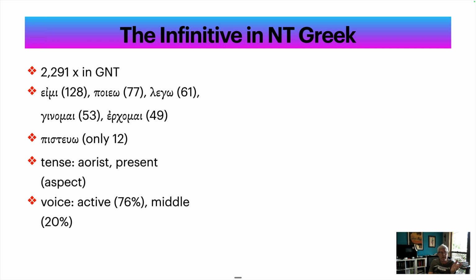We've already mentioned the most common verbs which you'll find in the infinitive are eimi, poieo, lego, ginomai, and erchomai. And just as an aside, pisteuo, I believe, only occurs in the infinitive 12 times. Its tense is more likely to be aorist and present, as we've seen. Its voice is more likely to be middle.